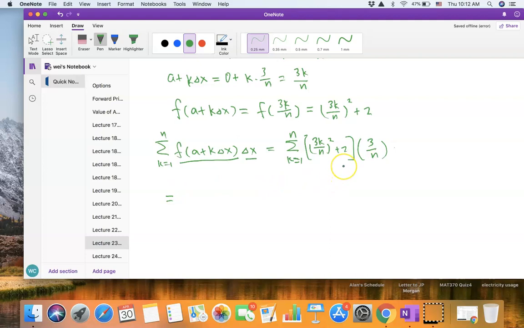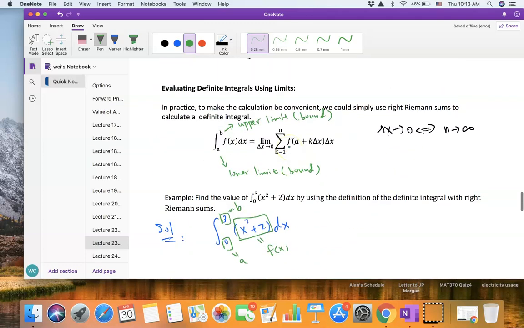Now, the next thing we need to do is to simplify this summation, so we can write it as an expression that only contains n, and then we take the limit of that expression. If the limit exists, then we can find a number.